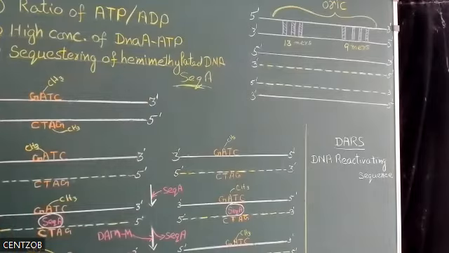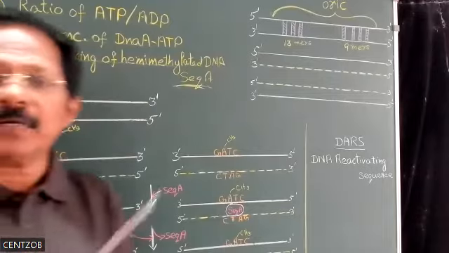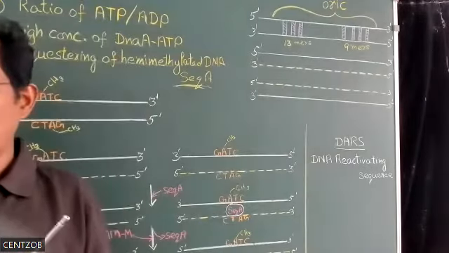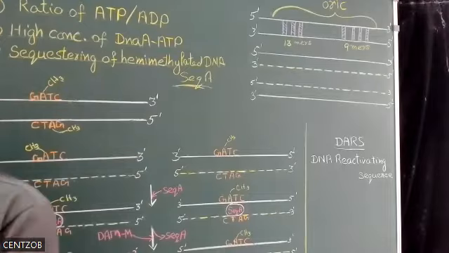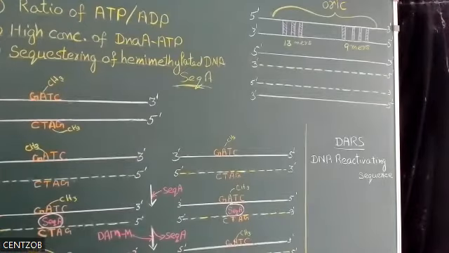All this you studied in the last class. So cells require ATP in different steps of initiation, so the ATP concentration should be high. If the cell has no sufficient amount of ATP, the cell cannot go for DNA replication.